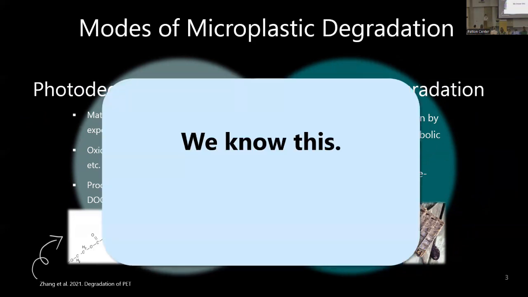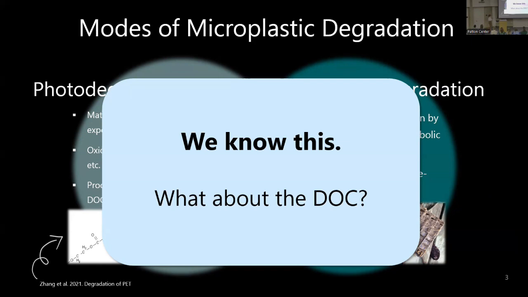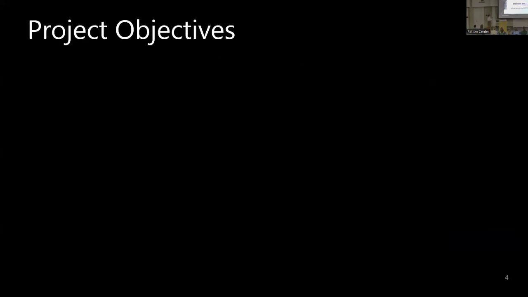But what we don't know too much about is the products of those plastics, the DOC. How is that biodegraded? How is that assimilated after it has been produced during photodegradation? So that's what I'm focusing on, trying to look at those chemical properties and the bioassimilation of that dissolved organic carbon.